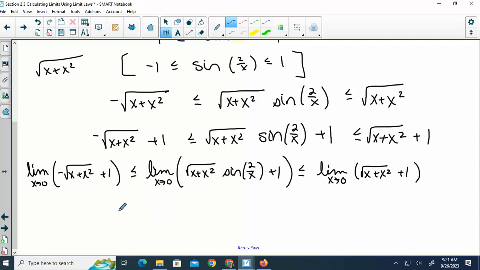Alright. So now we have to see if we can evaluate these limits. Limit laws, we know we can bring the limit under the radical. Okay, so if I plug in, it's basically just a negative square root of 0 plus 0 squared plus, what's the limit as x approaches 0 of 1? 1. Limit of a constant is still a constant. So this whole side turns into 1.